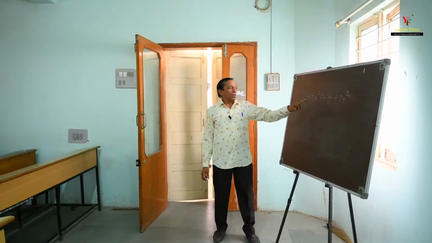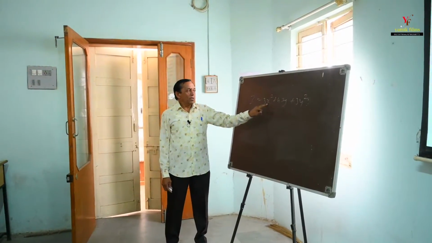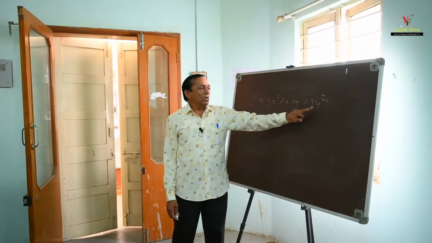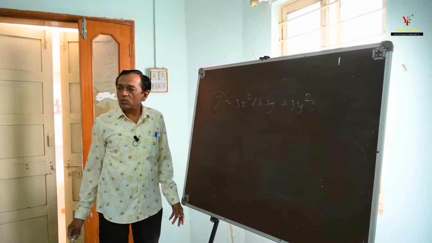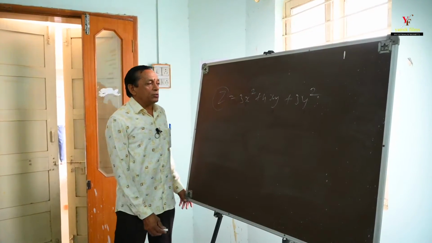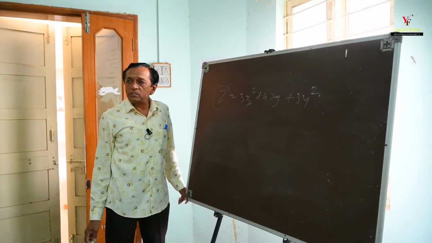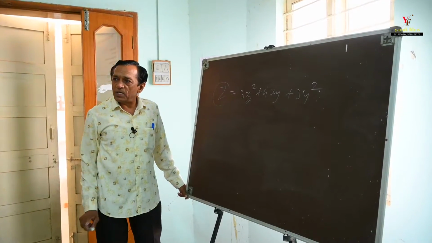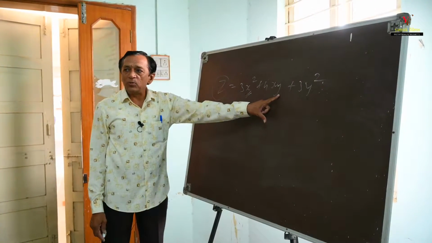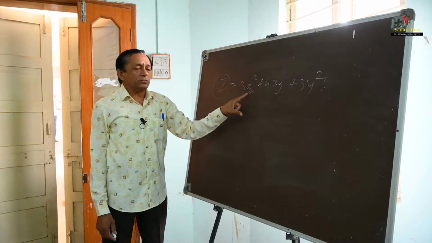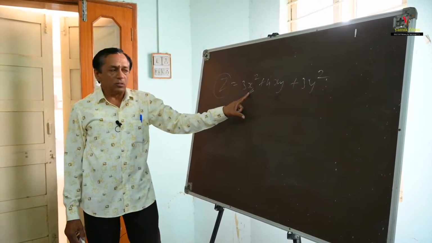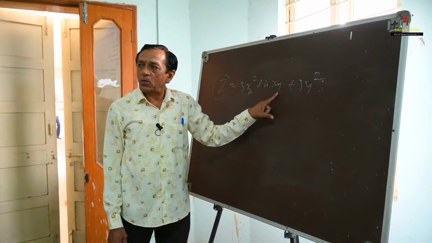X may change, y also changes, then we can say z may change. But we can find out how much the value of z changes when y may be unchanged or constant. The x variable changes, y is unchanged or constant.